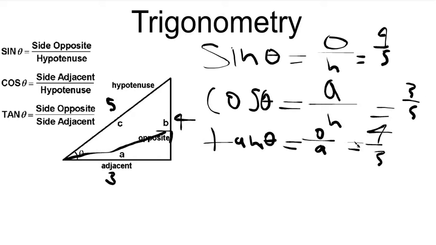This one is approximately 1.33. That's weird, right? Well, no, because tangent can fluctuate. All of these are divided by H, which means they all have to be smaller than the biggest one. But opposite and adjacent don't really have any limits to their ratios.